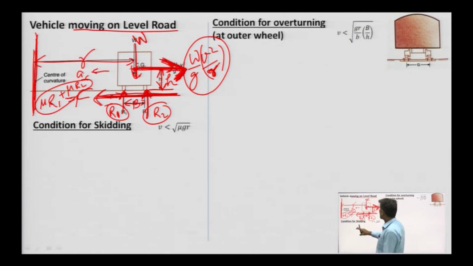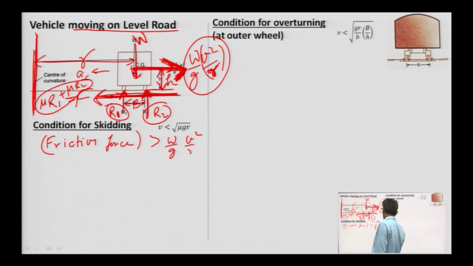So the condition for skidding is that the friction force at the inner and outer wheels must be less than W upon g into V square by R. If the friction is greater, then there will not be any skidding.